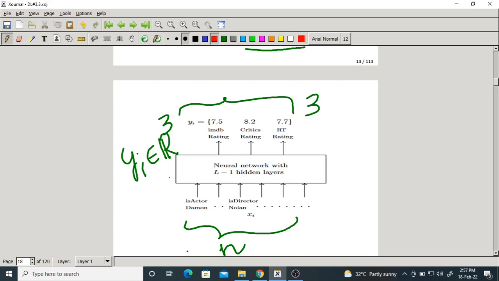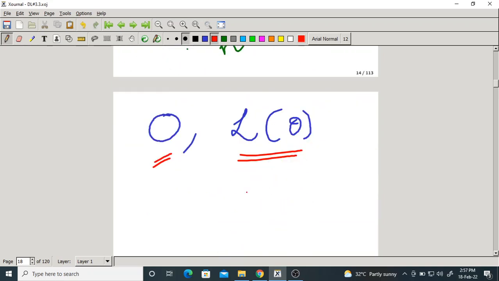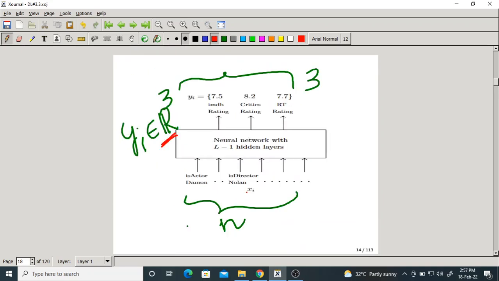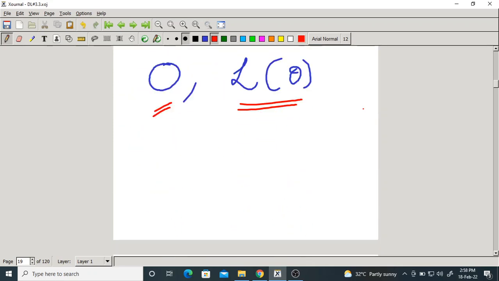Remember, the output has real values, not Boolean values. The output values are more than 1, like 7.5, 8.2, 7.7; they vary from 0 to 10, let us take. So can you choose a logistic function as the output activation function? No. Why?